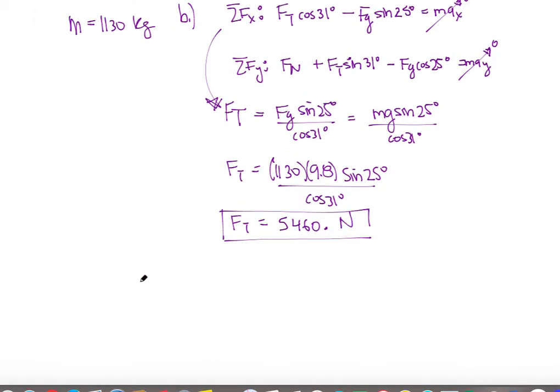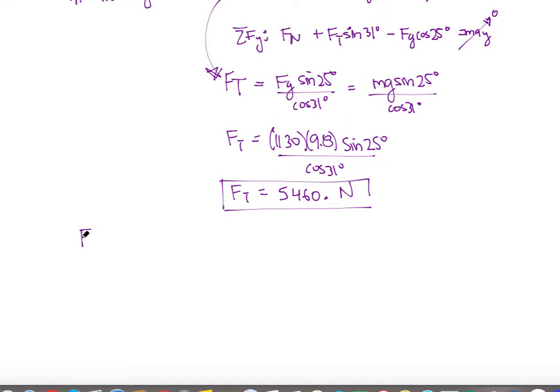Well, we have tension, we have force of gravity, so we can just use our y equation and solve it for normal force. So that's just going to be normal force is equal to Fg, which I'll actually go ahead and just say is mg, mg times the cosine of 25 degrees minus tension force times the sine of 31 degrees.